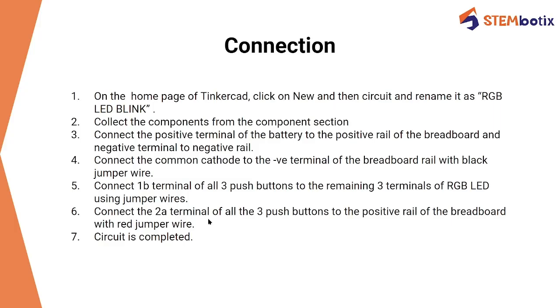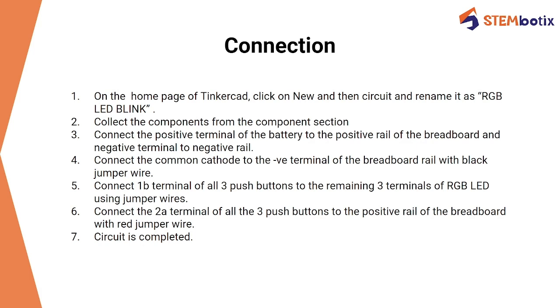On the home page of Tinkercad, click on new and then circuit, and rename it as RGB LED blink. Collect the components from the component section. Now connect the positive terminal of the battery to the positive rail and the negative terminal of the battery to the negative rail of the breadboard using red and black wire respectively. Connect the common cathode to the negative rail of the breadboard using a black jumper wire.